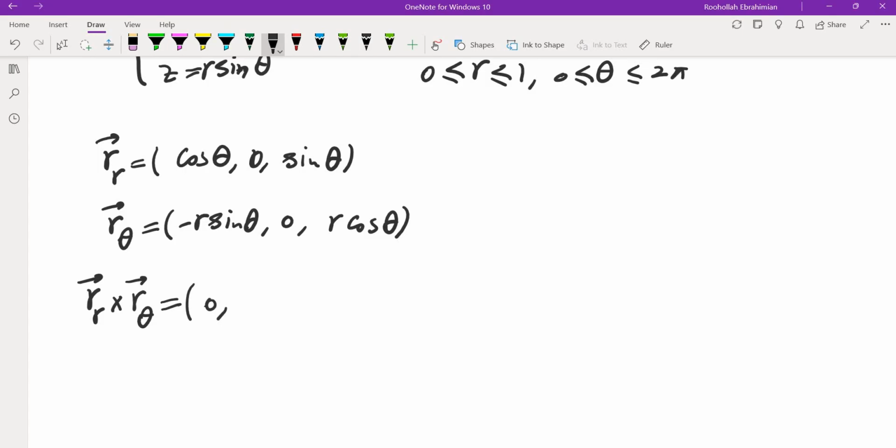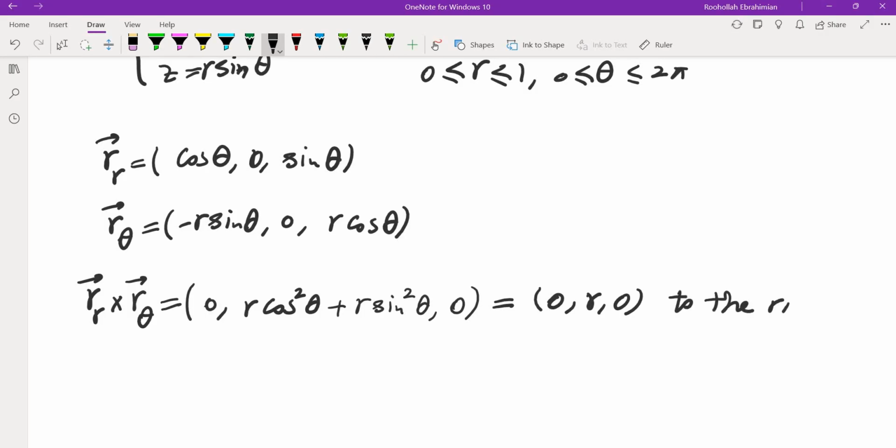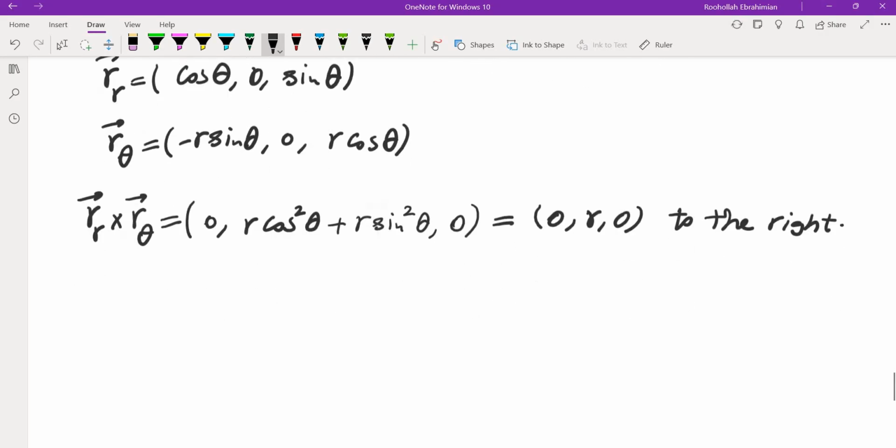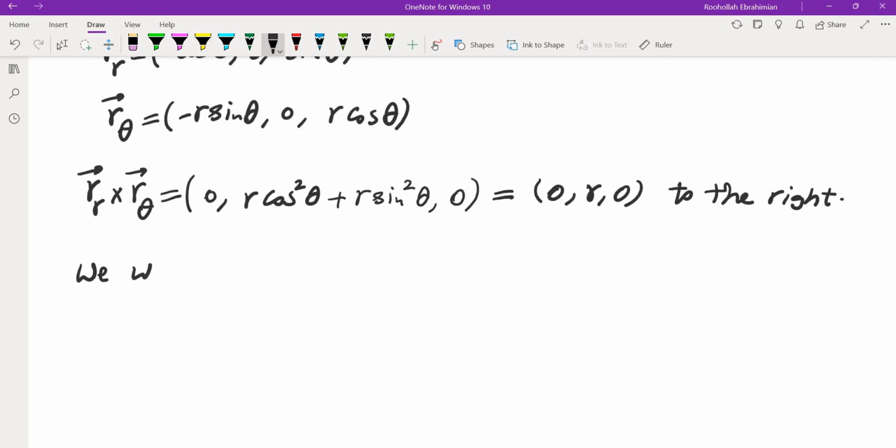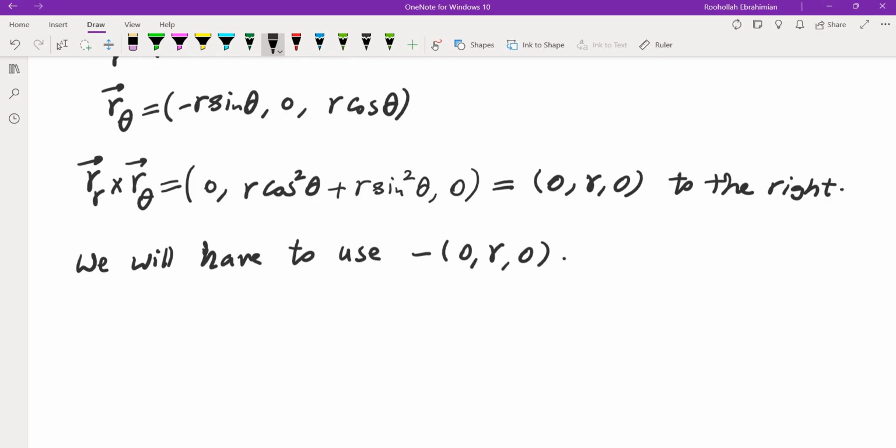If we eliminate the second column, we get r cosine squared theta plus r sine squared theta, and the last component would give us 0. So this would be 0, r, 0. This is pointing to the right, so we'll have to negate that. So we will have to use negative 0, r, 0. So we'll have to use this one.